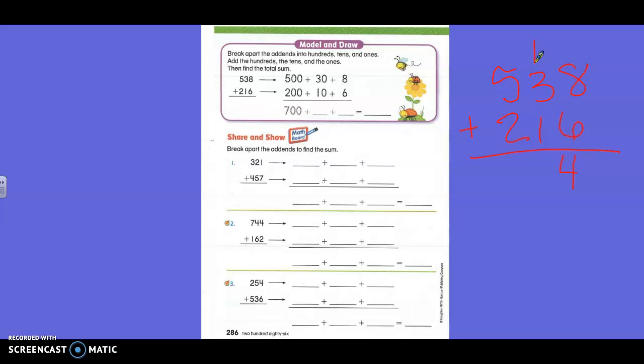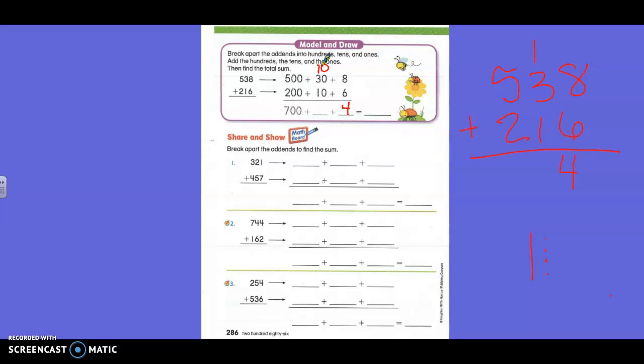Because when you have 14, you have a 10 and 4 ones, right? Well, you don't want a 10 in the ones place. Oh, yeah. Okay? So if you look here, instead of having 14, you're going to write a 4 here, but you're taking this 10, putting it in the tens place.